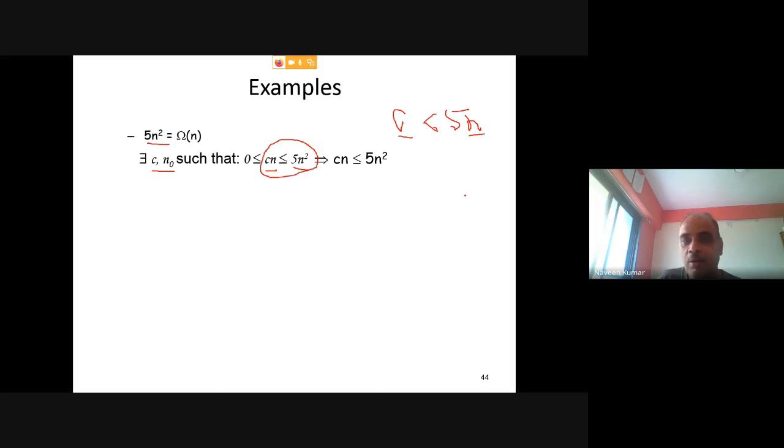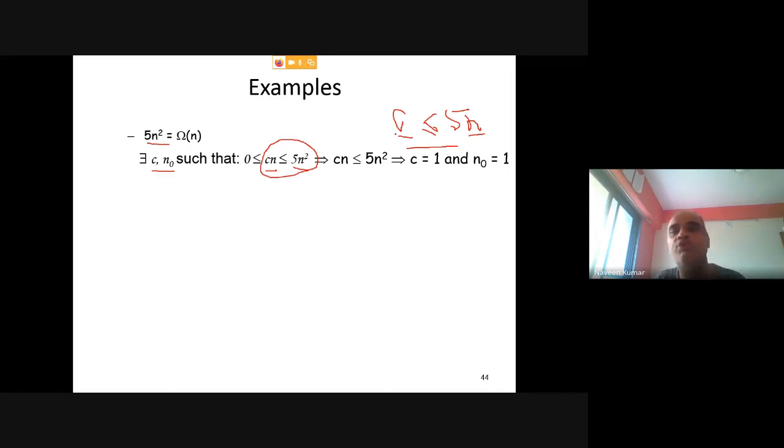So give some value to c. Let us say we choose c as 1, then n will also be 1. For c equal to 1, n will be 1. For these two values, this inequality will always hold. So c equal to 1, n0 equal to 1.